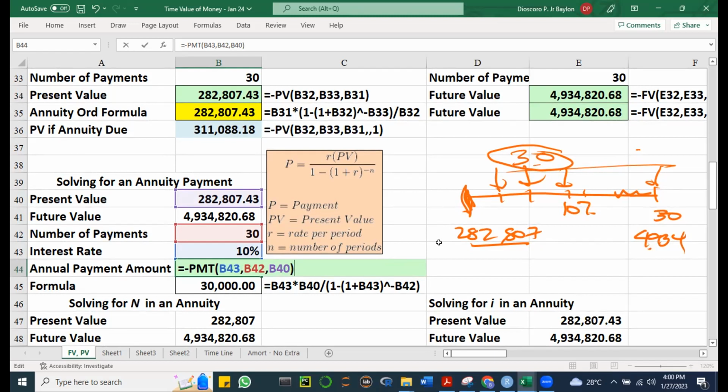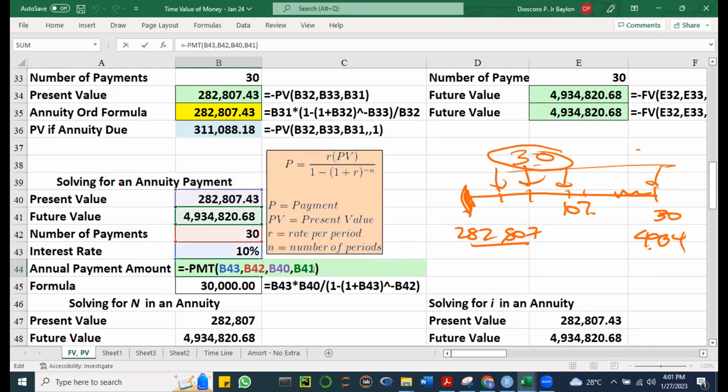When I use both, take a look at this one. Negative PMT, rate is 10%, N per is 30, and here I'm using PV. If I use PV, I cannot use FV anymore. If I use FV, the answer will become 60,000. But it's supposed to be 30,000 only. Why? Because you use the equivalent cash flows.